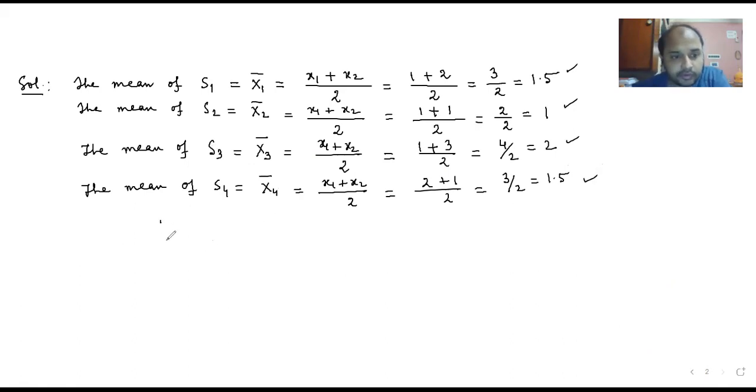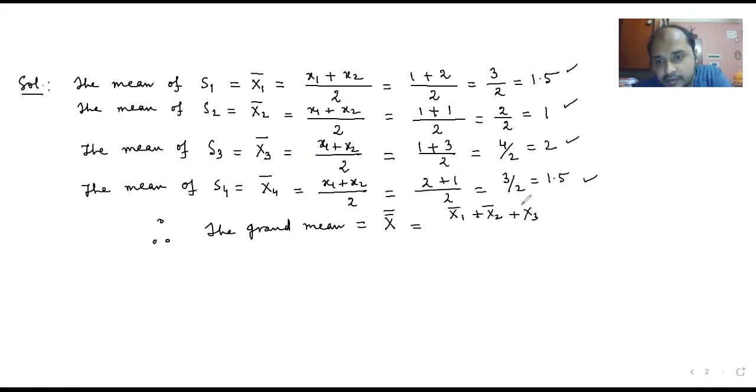Therefore, the grand mean, which we denote by X bar bar, would be equal to X1 bar plus X2 bar plus X3 bar plus X4 bar divided by 4, because 4 items are there in total.